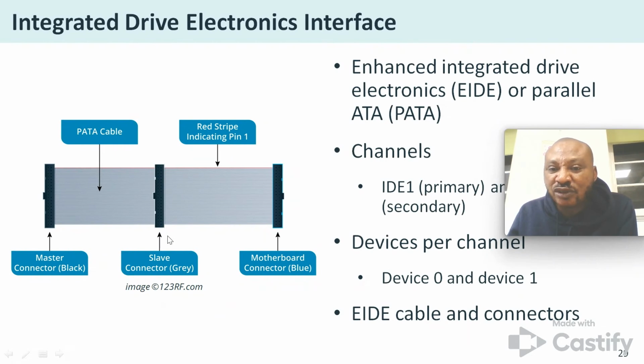Assume you have two hard drives that need to be connected to your computer. The data cable will go to the motherboard, then one of the hard drives connects to the slave and the other goes to the master. So you can decide which of them will be your master and which one will be your slave.